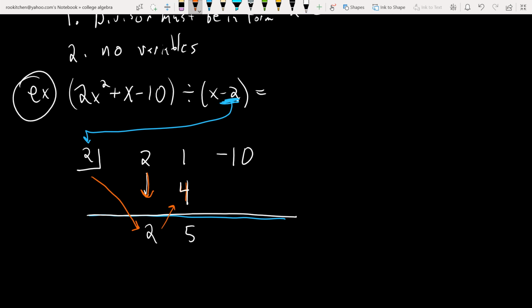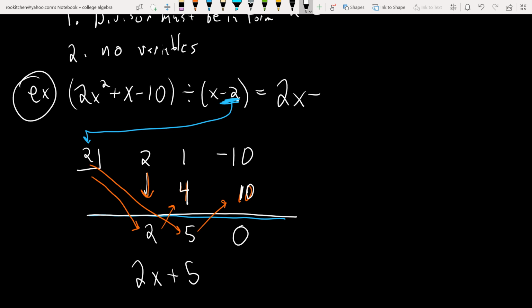And then you just repeat. 2 times 5 is 10. And then negative 10 plus 10 is 0. And that's your result. It'll be 2x plus 5, with 0 remainder. So this equals 2x plus 5.